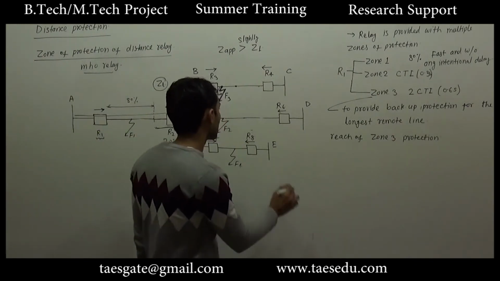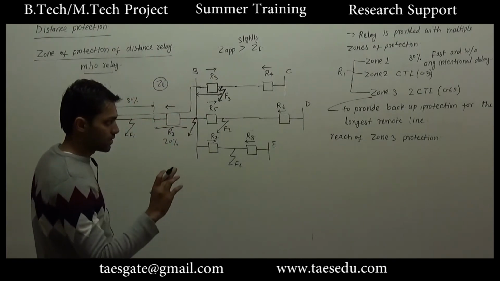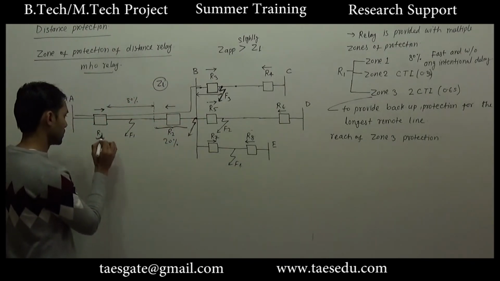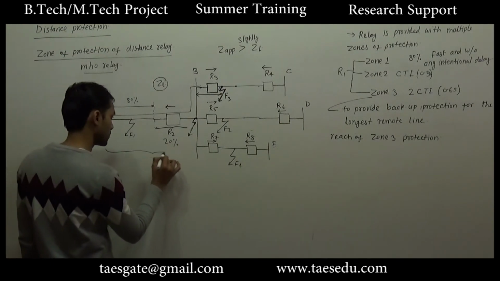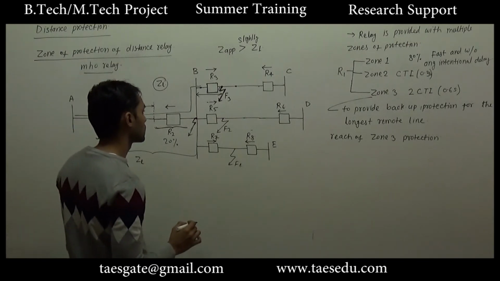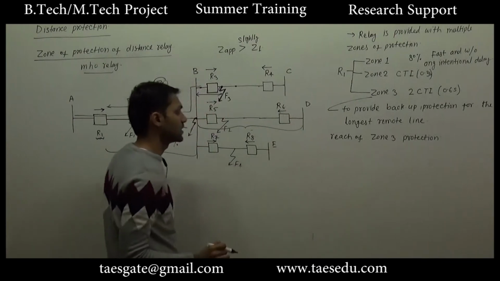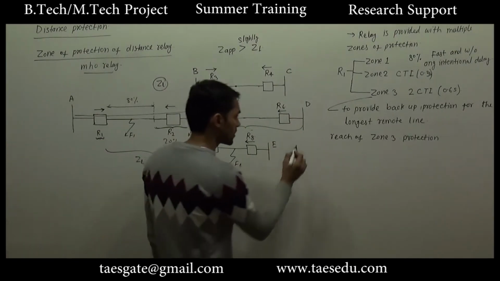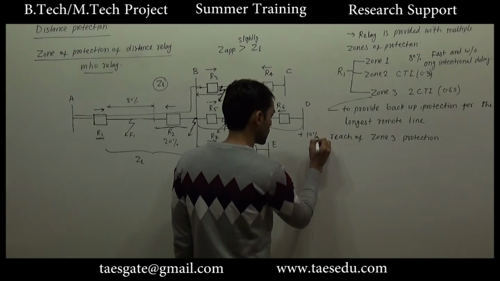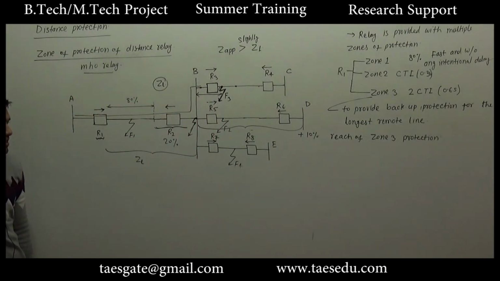Since it has to provide protection for the longest line, and reach will be measured from relay 1 only, it has to cover the complete length of primary line plus complete length of the longest line, and plus for error you will have to take 10% margin. As we took 20% margin in the previous case, in this case also we will have to take 10% margin.